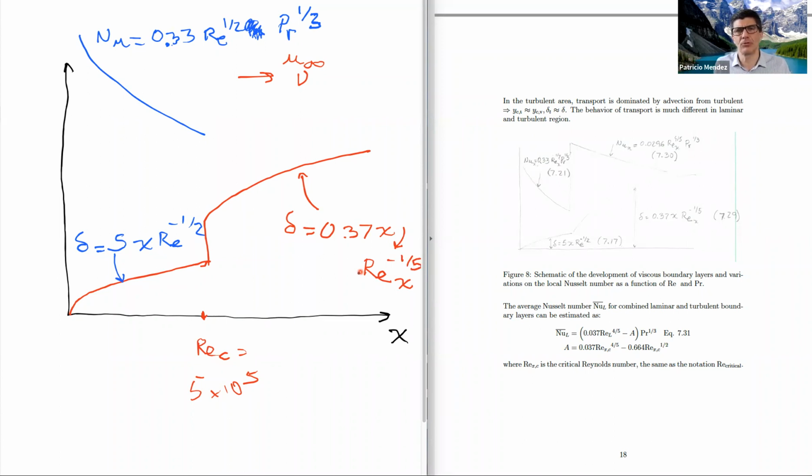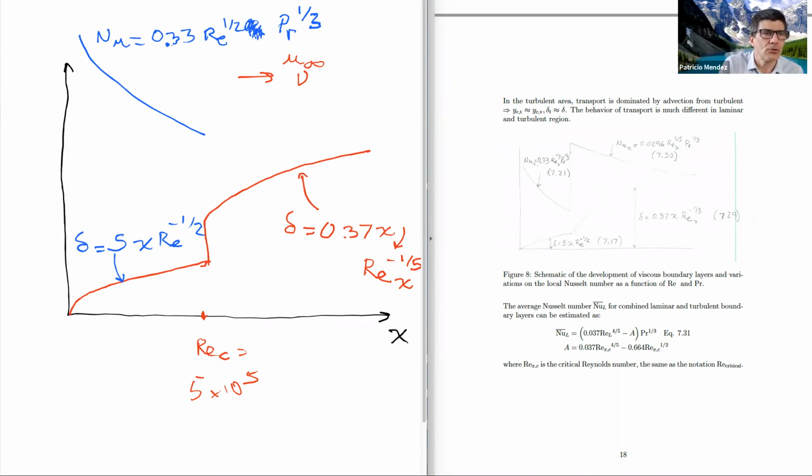Some people try to do lots of computer simulations. Some people try to do deep math, not the math I like. And some people do experiments and say this is what it is. I think this came from experiments. However, this factor of 1/5 is going to keep appearing, so put a note there, because you're going to see it.